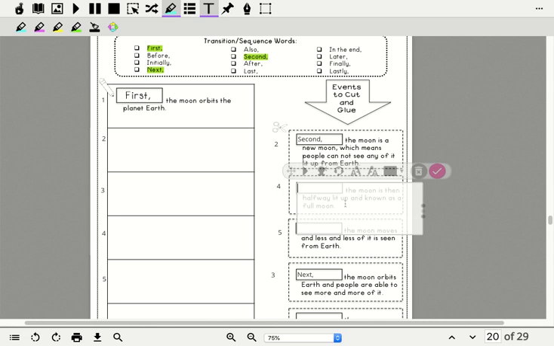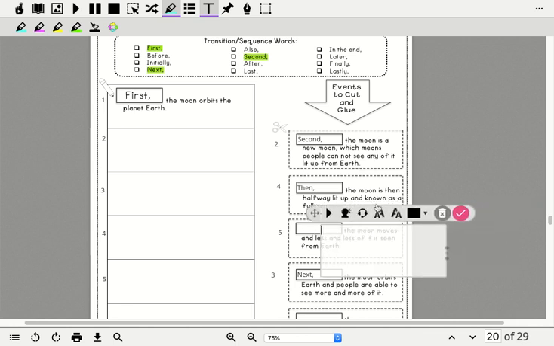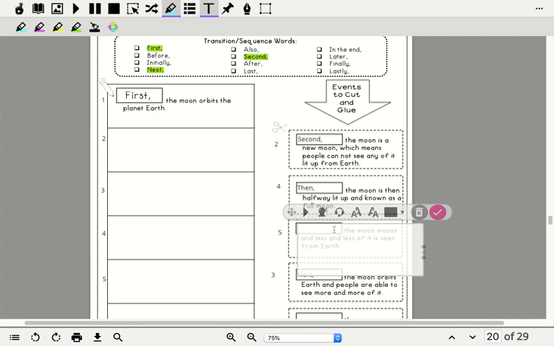After the moon has been halfway, that doesn't really make sense. Before the moon, no. Let's use the word then. Then the moon is then halfway lit up. Okay, we're coming over here to number 5. The moon moves. And so first, second, next, then, later. Okay.